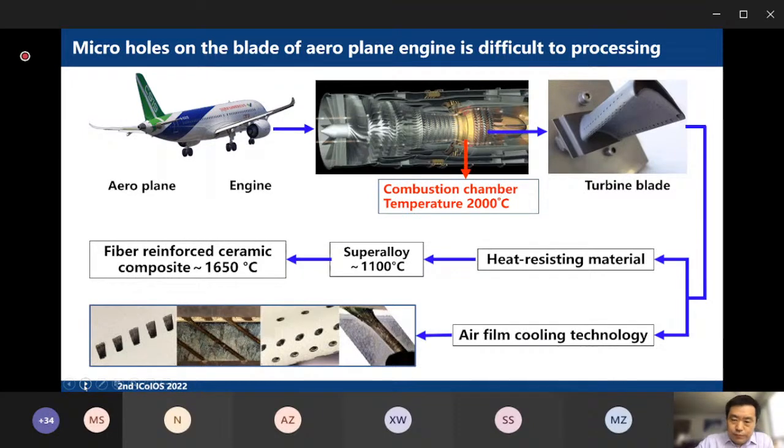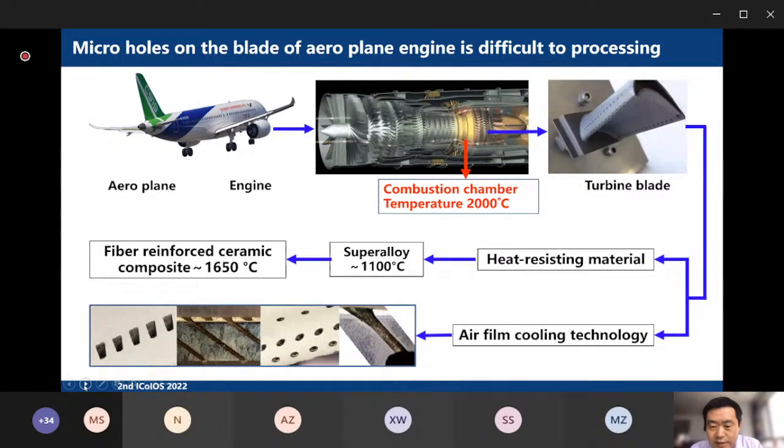There are two important technologies for turbine blade. One is heat-resisting material, such as superalloy, which can work under 1100 centigrade. Fiber-reinforced ceramic composite material can work under 1650 centigrade. So no material can work under 2000 centigrade.